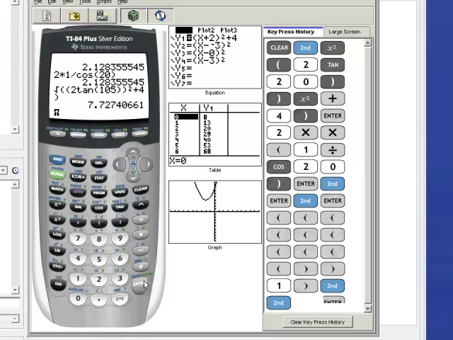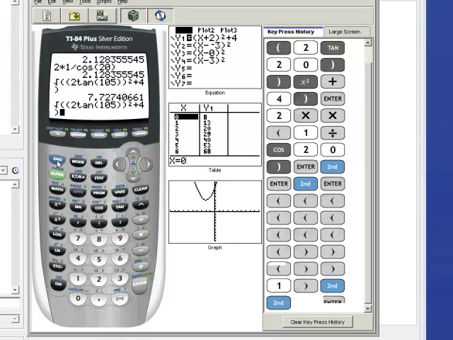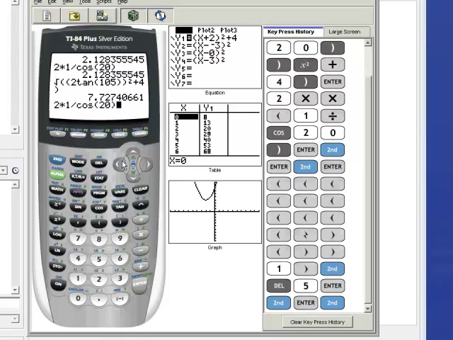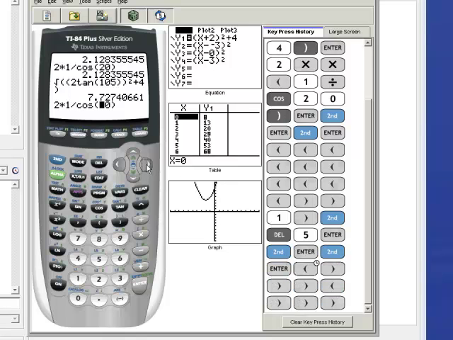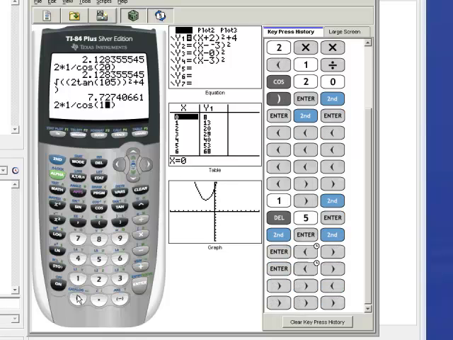So notice, when I take the same number and plug it into 2 times secant 105, whoa, I was almost afraid that the graphing calculator would freeze up on me on the very last stretch here. I'm really a minute away from being done.